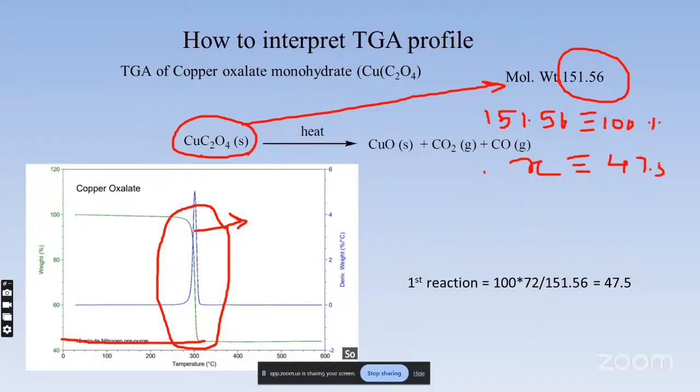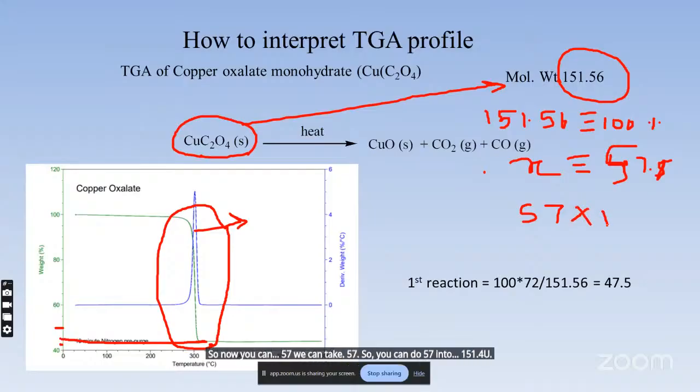So 47.5 is the loss. Sorry, it is not 47, it is 55, some 56, 57% loss is there. 56 or 57%. Okay, we can take 57. So you can do 57 into 151.5 divided by 100.